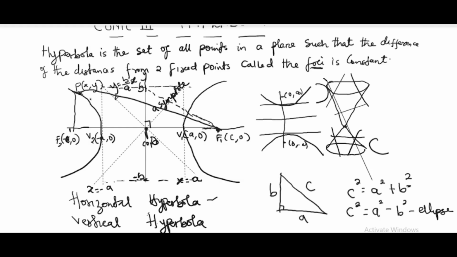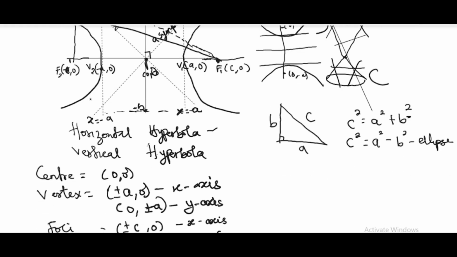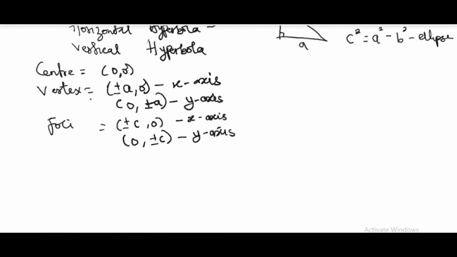Before we look at the standard equation, is the eccentricity. So for any conic, I've said its eccentricity is C, the focus, over what? Over the vertex. All right, so you can have C over A or minus C over minus A. And the eccentricity of a hyperbola, we said it is greater than what? 1.